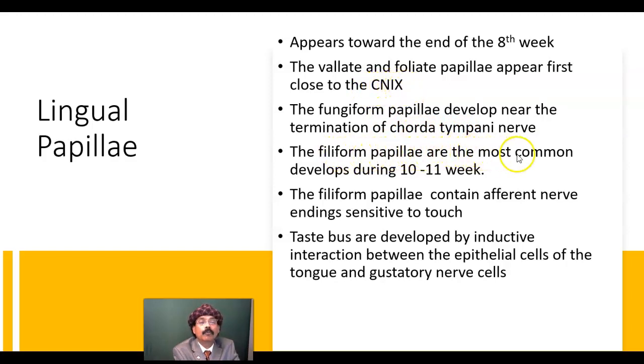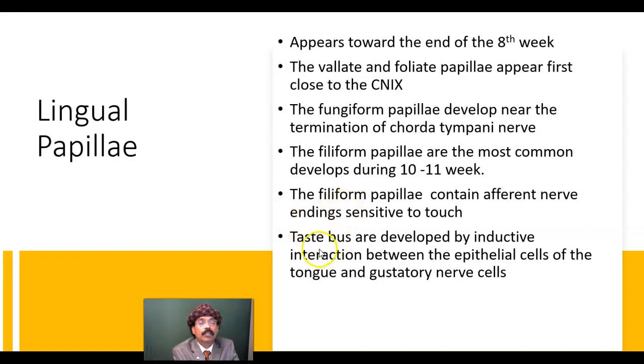Filiform papillae are the most common, developed during the 10th to 11th week. But remember that the filiform papillae contain afferent nerve endings sensitive to touch. They do not contain any taste buds. They are not connected to the gustatory nerve. So that is the filiform papilla afferent nerve, that is general sensation.